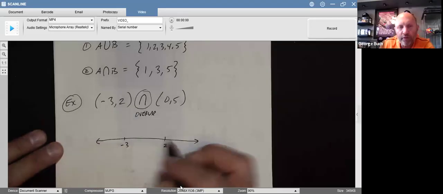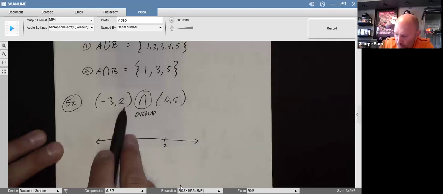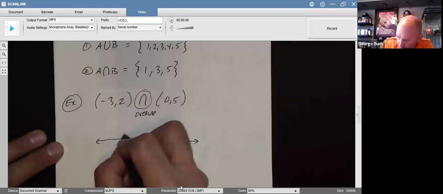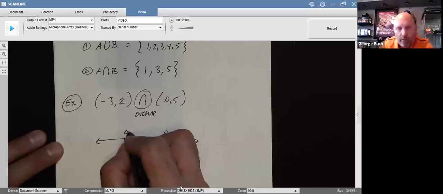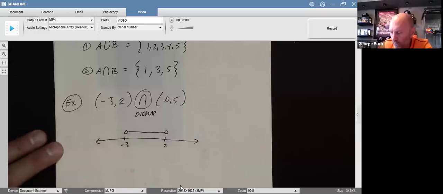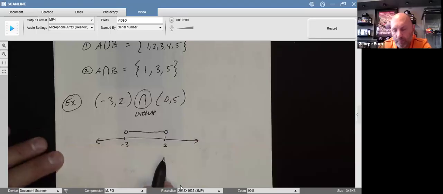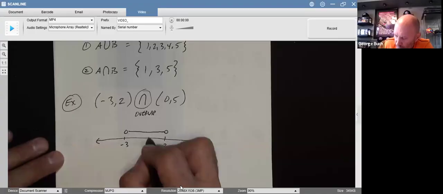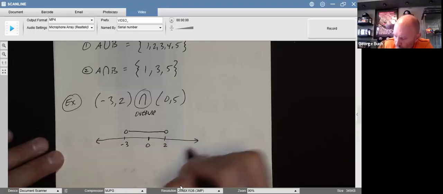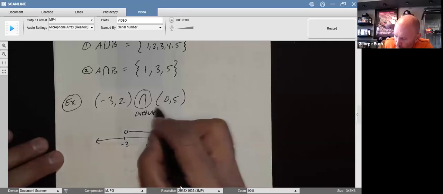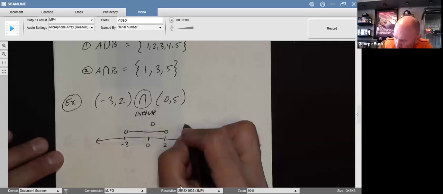So for the first one, -3 to 2, well, because they have parentheses, that means what? Open circle. They're not included. So I get that picture there, -3 to 2, open circle on both ends. And then 0 to 5, well, 0 is between -3 and 2. 5 is out here. Again, because they both have parentheses, they're going to get an open circle.